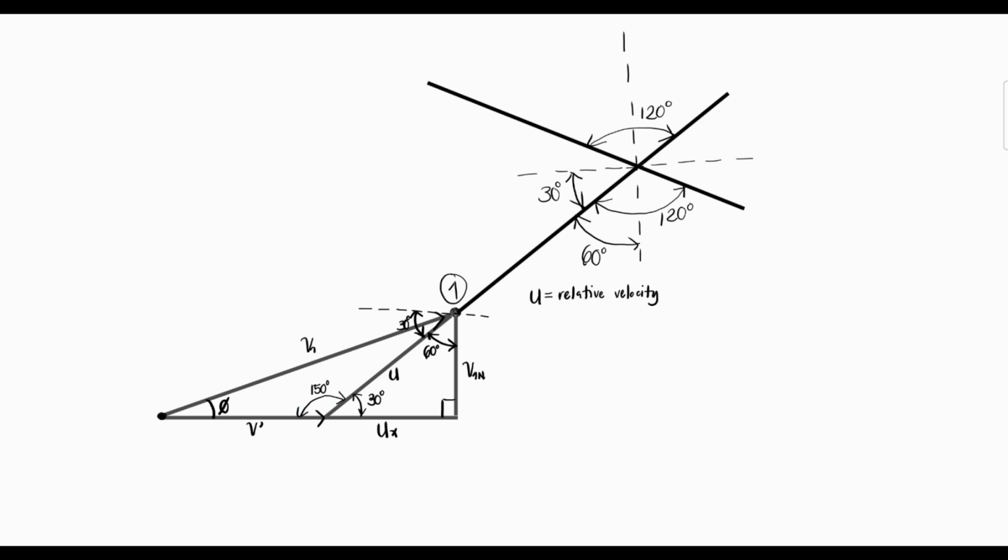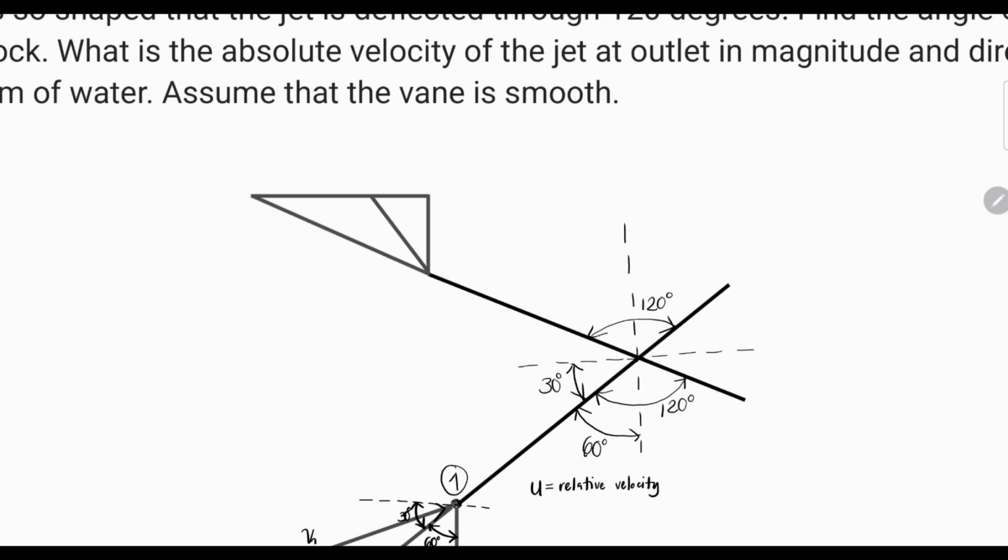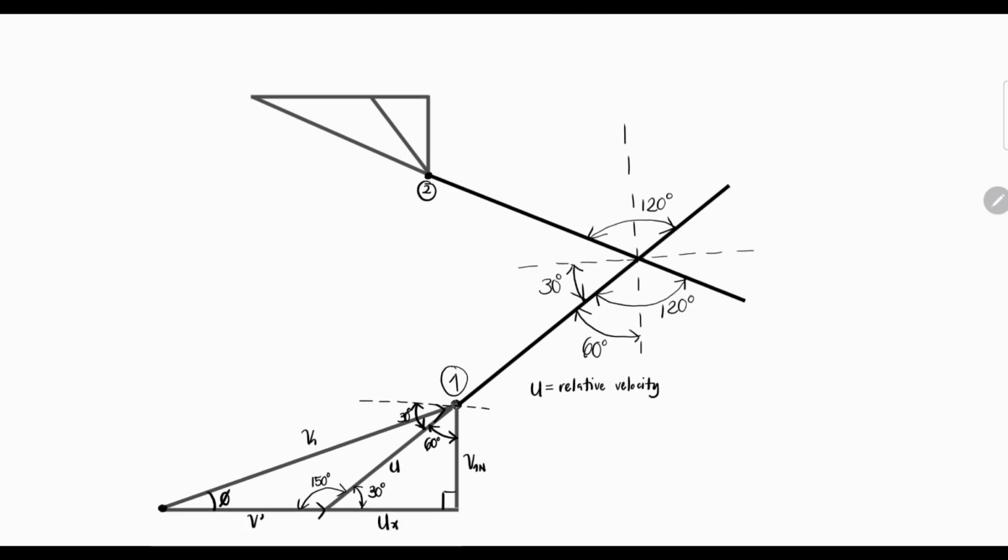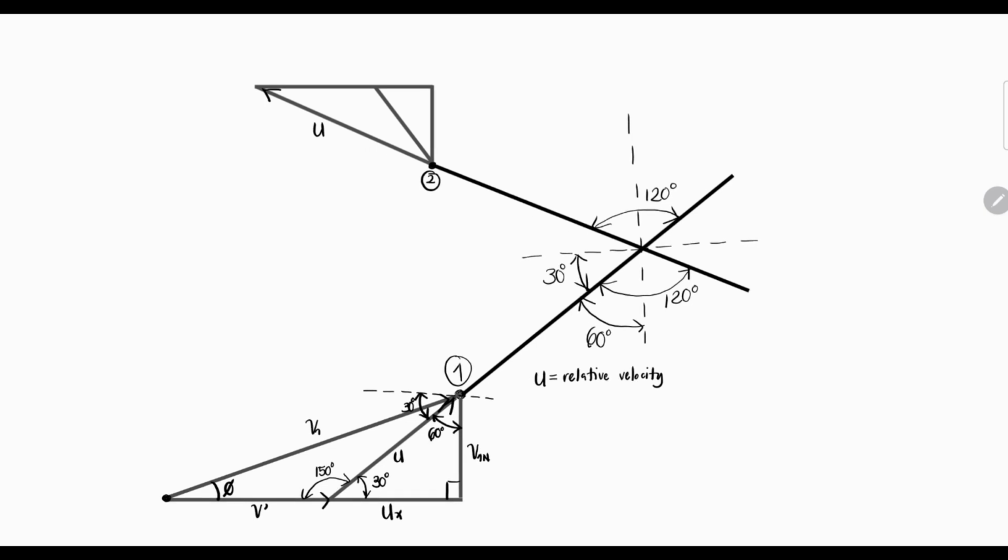Punta naman tayo ngayon sa point 2. This is point 2. So, if this is your relative velocity, therefore, ang labas nito is also your relative velocity. Now, if this is 60 degrees, therefore this is also 60 degrees.